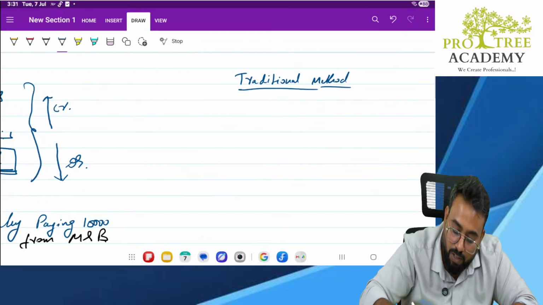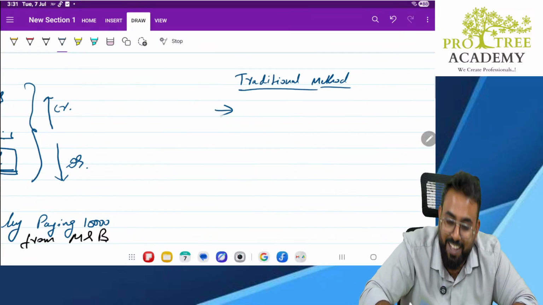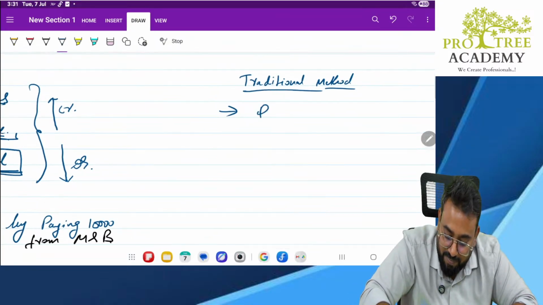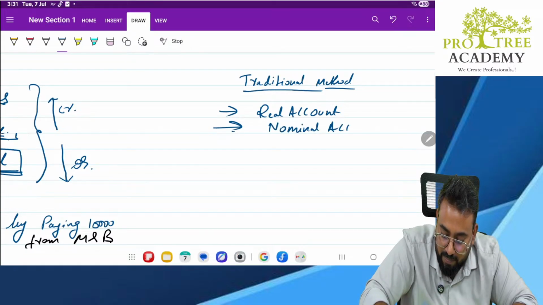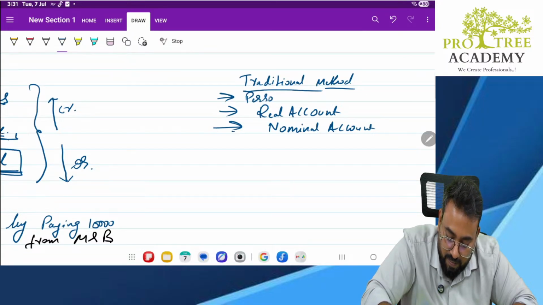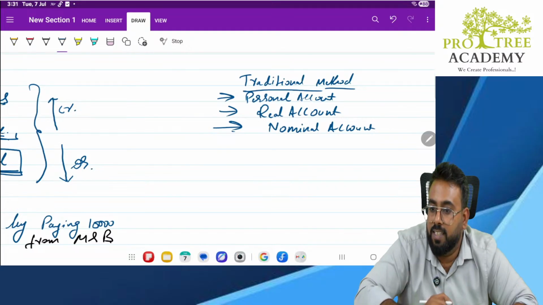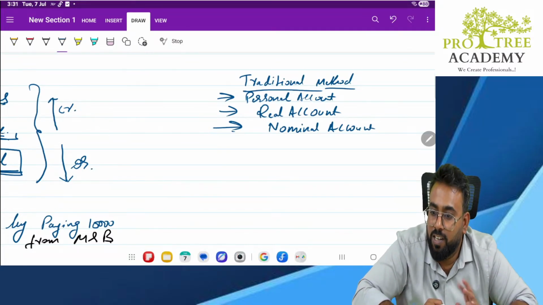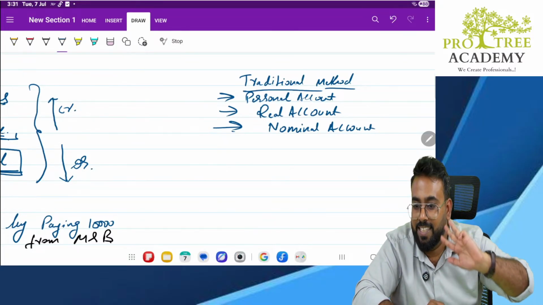So the traditional method of accounting is split into three parts. One is real account. The other one is personal, and one more, nominal. So the traditional method classifies your rules into three things.